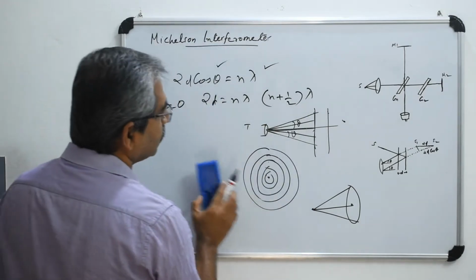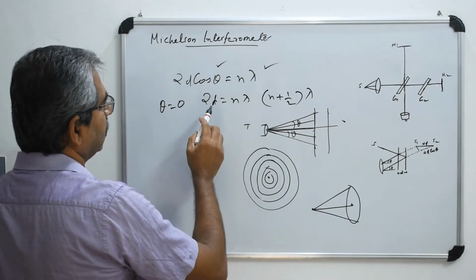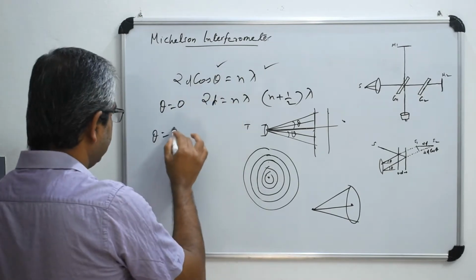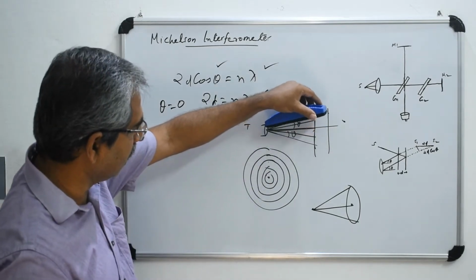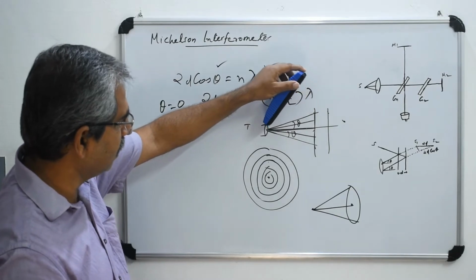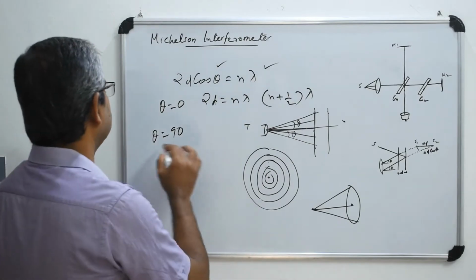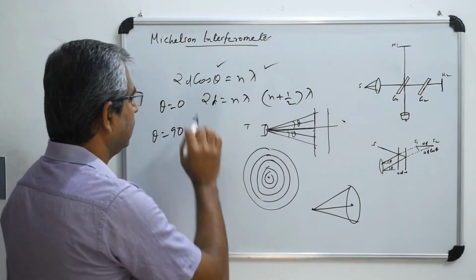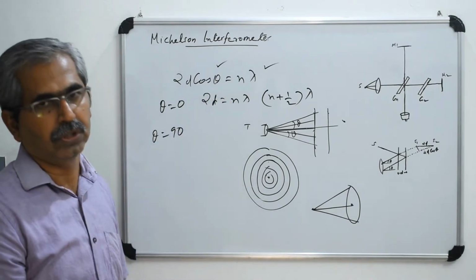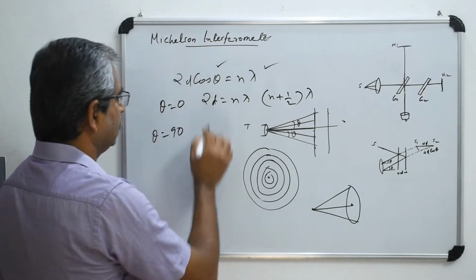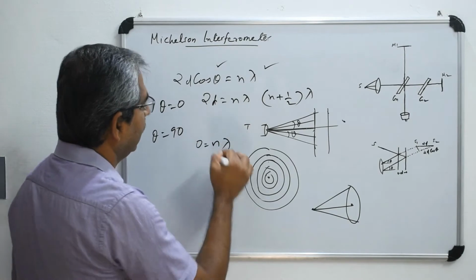Now, where will we have the minimum value of this particular situation? Suppose theta is equal to 90 degrees. That is the most you can go. From here, you can increase the angle of observation, and theoretically you can reach up to 90 degrees. Even though that is not possible in practice, theoretically that is the maximum. So theta is equal to 90 degrees. What is the situation? Cos 90 equal to 0, isn't it? So the condition obtained will be 0 equal to n lambda.